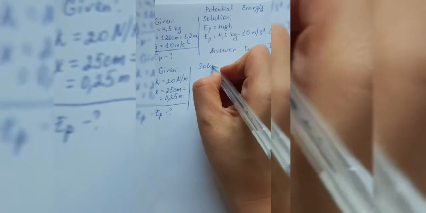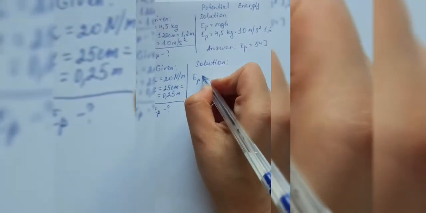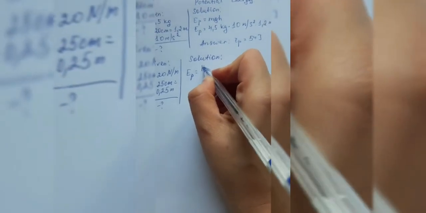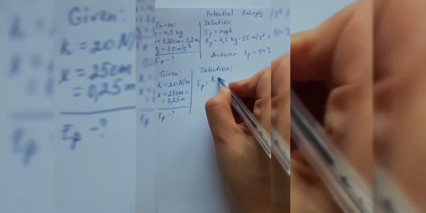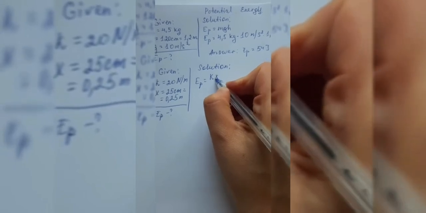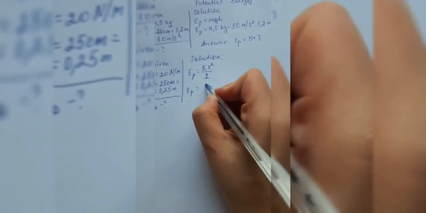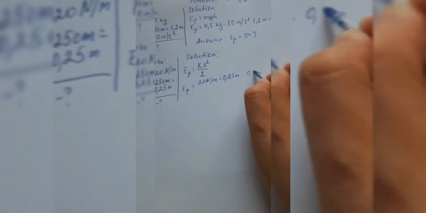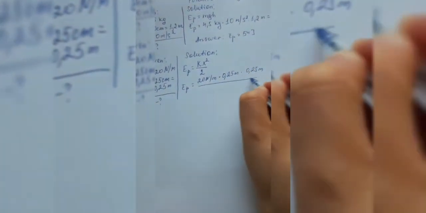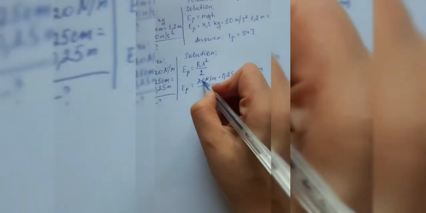Solution. Potential energy is equal to spring constant times spring displacement squared divided 2. Potential energy is equal to 20 Newton divided meter times 0.25 meter times 0.25 meter divided 2. 20 divided 2 is equal to 10.